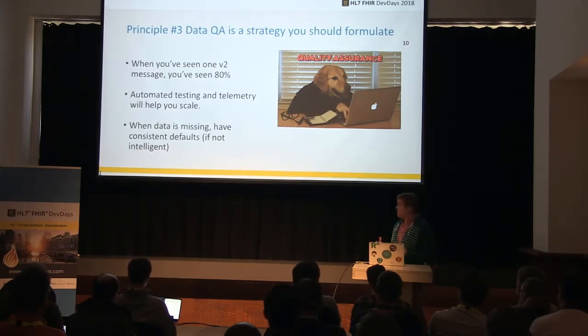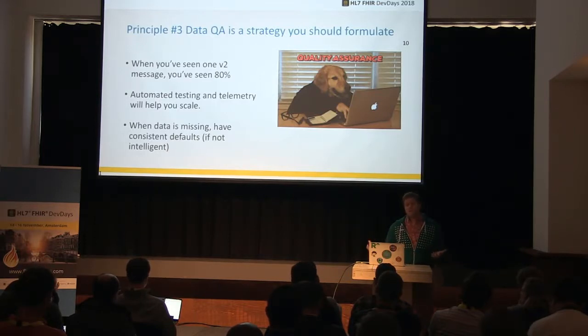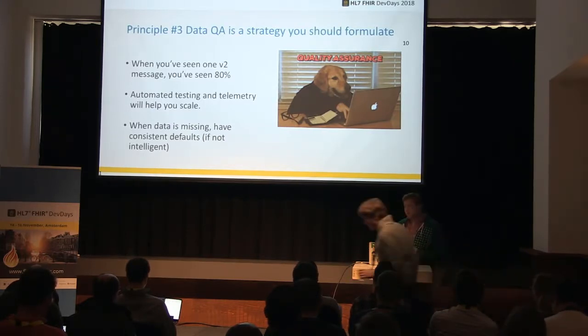What we do, and what really helps us scale, is we have built-in unit testing for each new configuration we write. So every time a new system comes onto the network, we have a base ADT map, and then maybe a base Epic or Cerner map, some things we just know that they do weird.